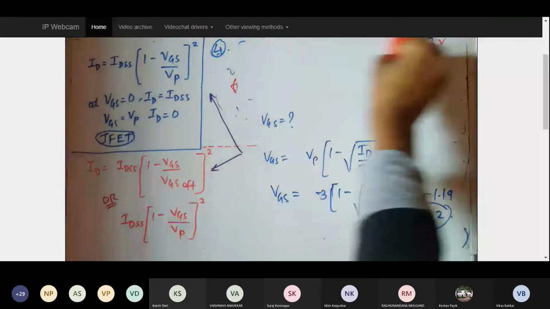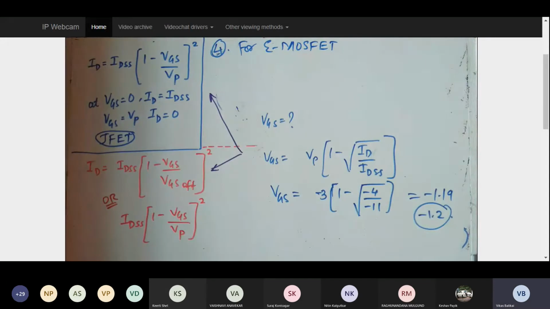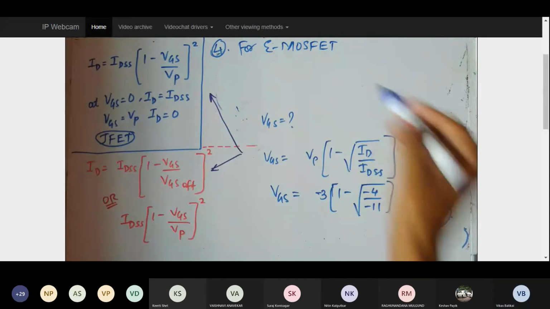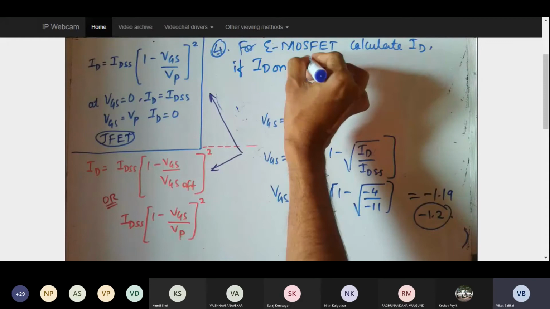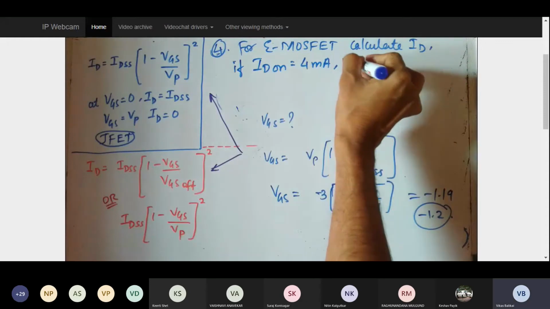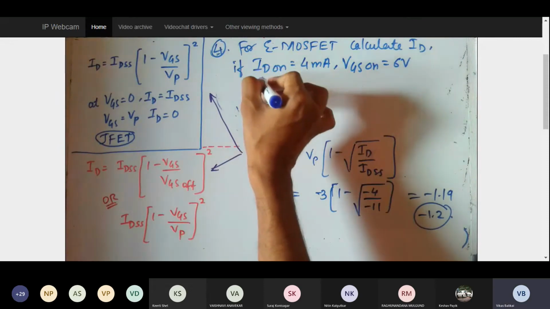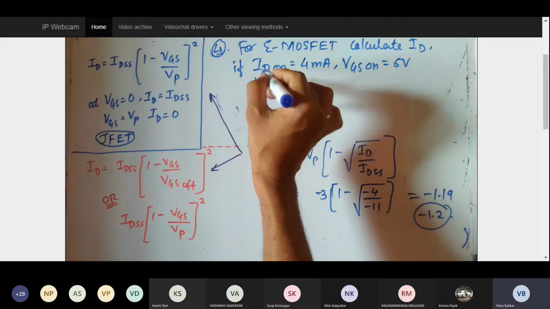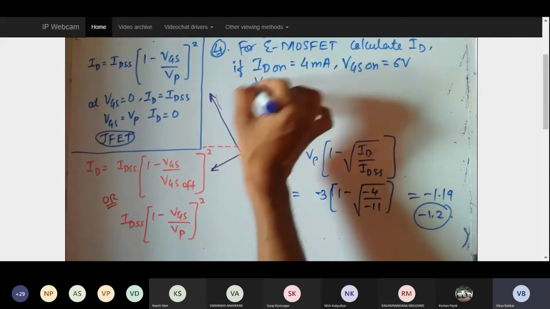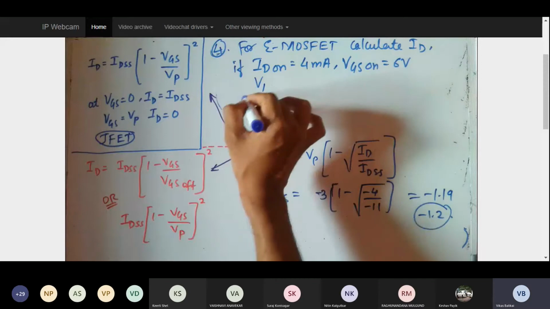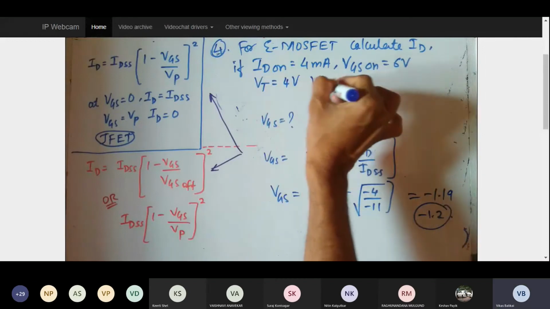So for enhancement MOSFET, calculate ID if ID on is 4 milliampere, VGS on is 6 volt, and then VT, or let's say VT is equal to 4 volts, VGS is equal to 8 volts.